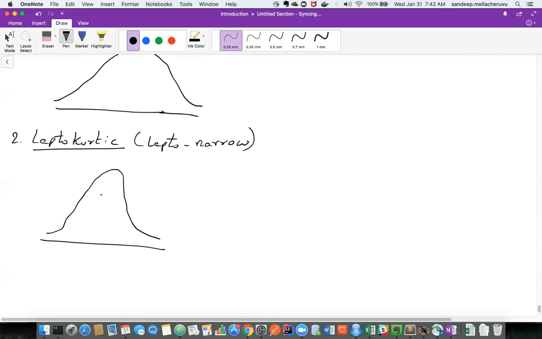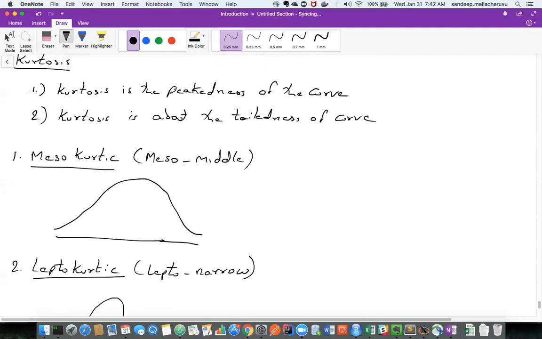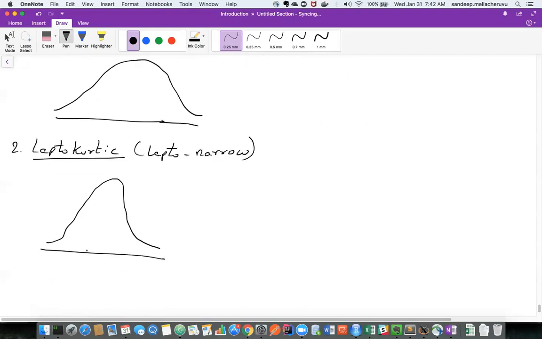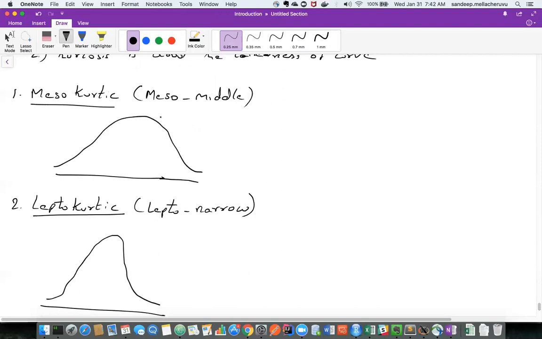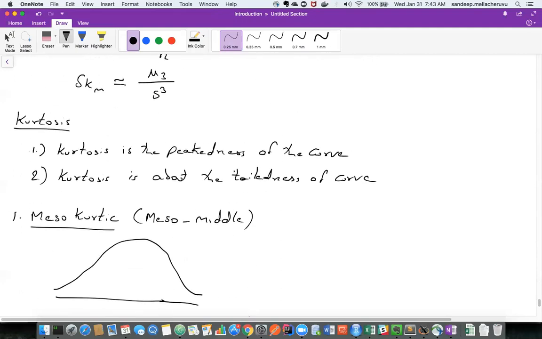This is what I mean by peakedness. When I say peakedness, is the peak too high, too low, or in the middle, neither too high nor too low, like mesokurtic? That's what I mean by the peakedness of the curve.